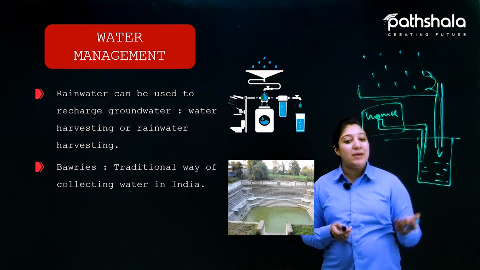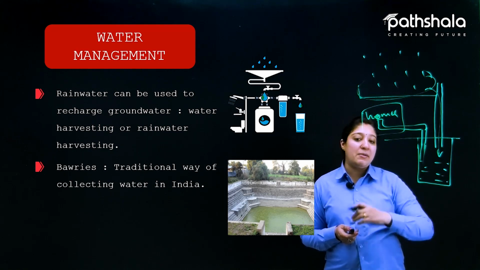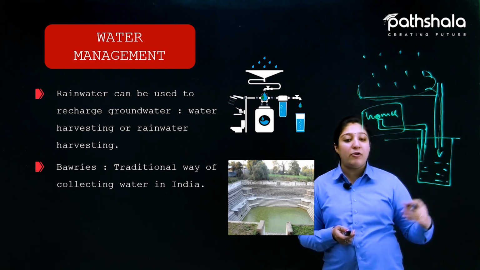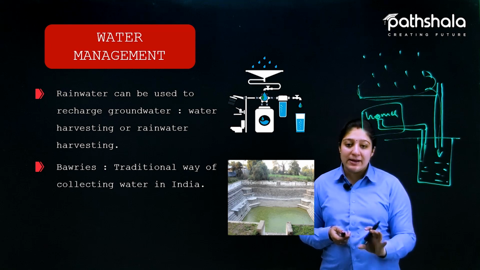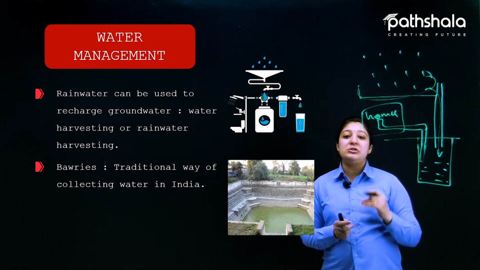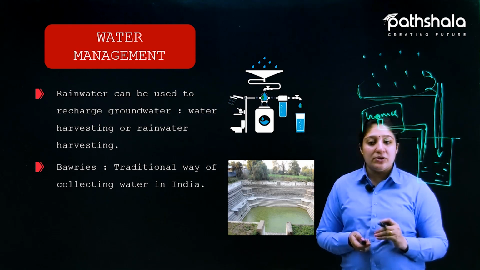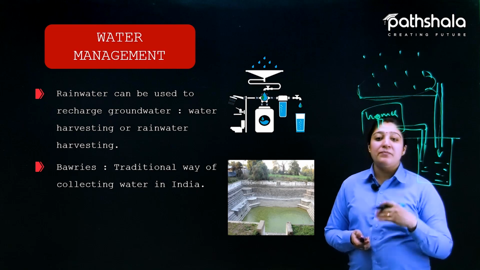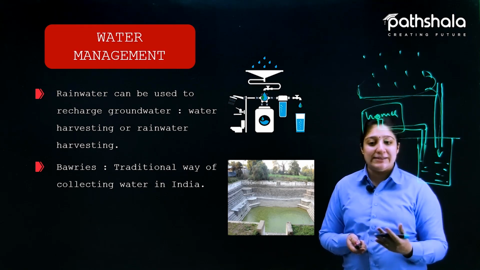But there are certain places where the use of boweries is coming back into form again. Here, the rainwater is collected, and the water from this is used by the people living in the areas near it. So this is the second type of water management system.